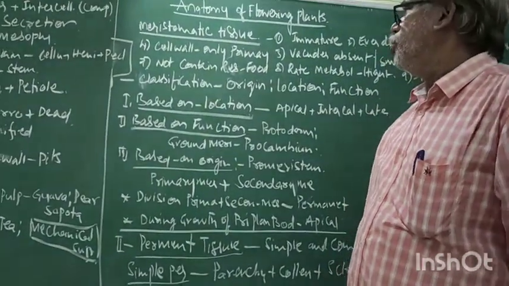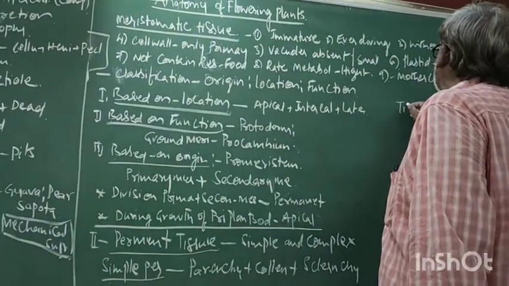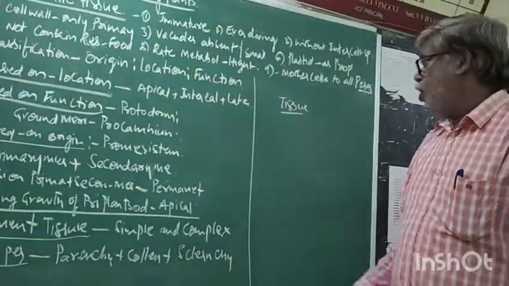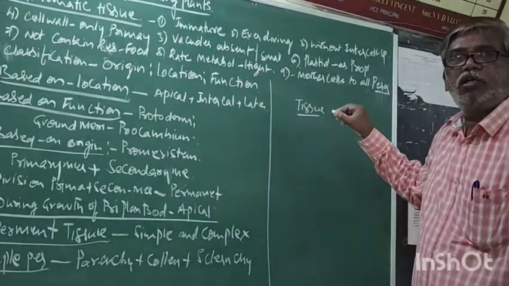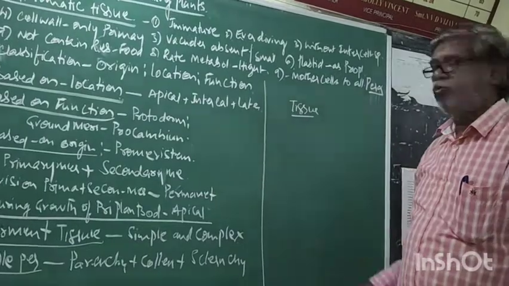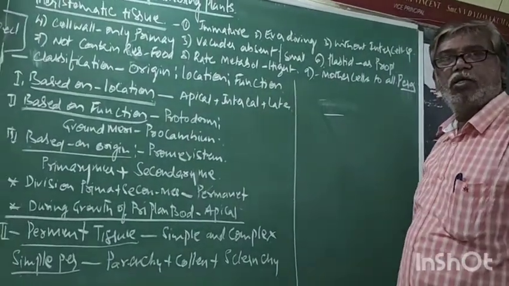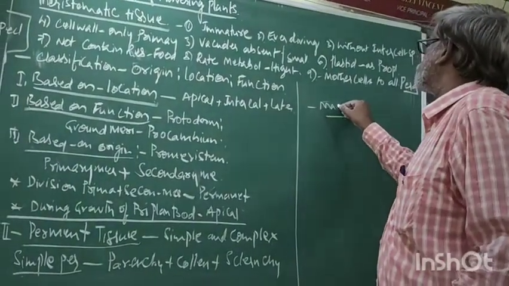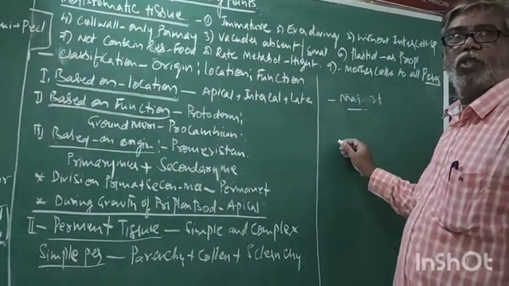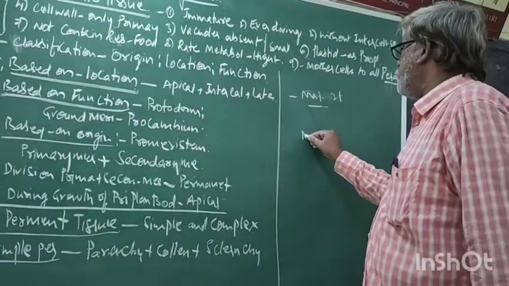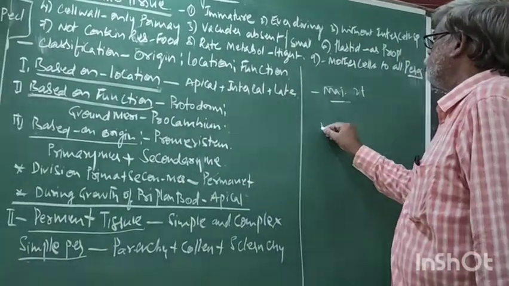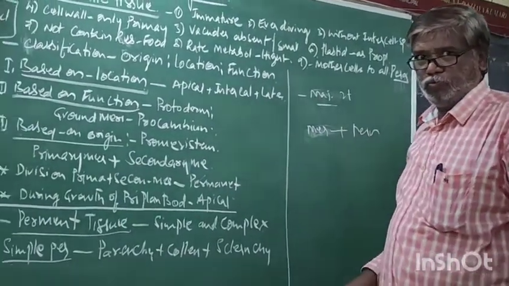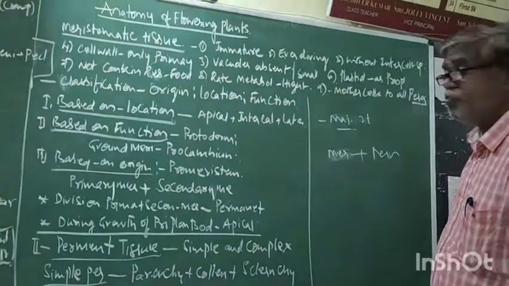Now, what is tissue? A group of cells which are similar in origin and function is called tissue. In plants, many types of tissue are there, but majorly two types: meristematic tissue and permanent tissue, based on division.